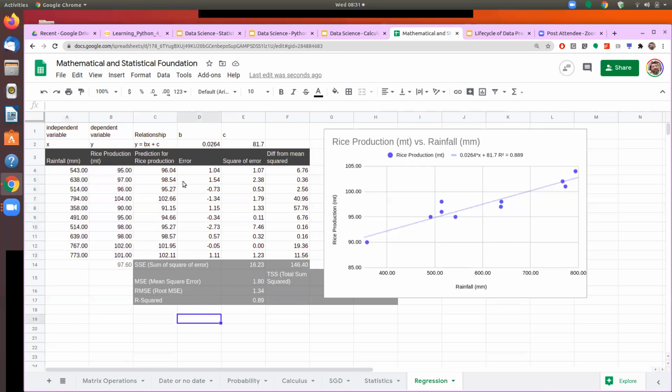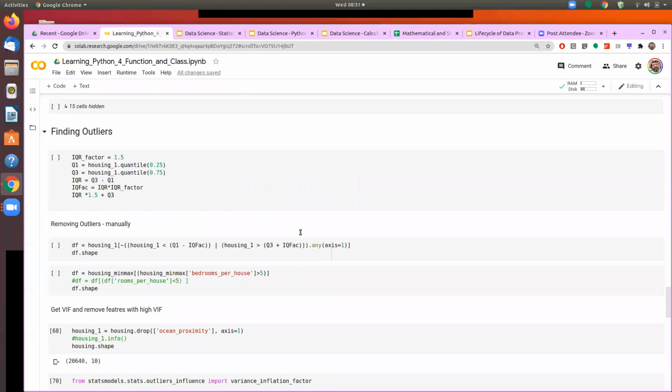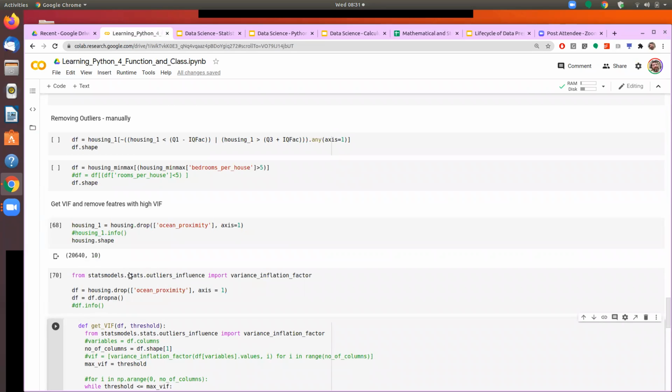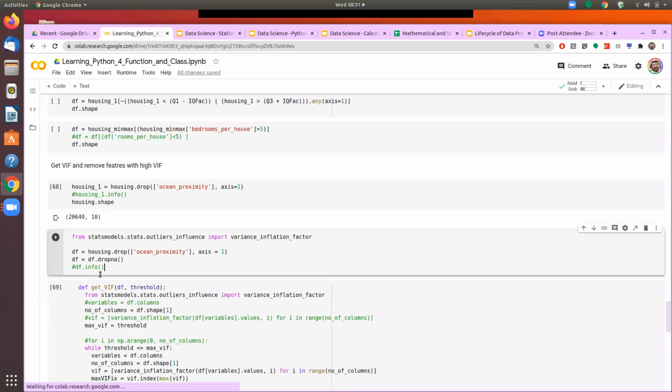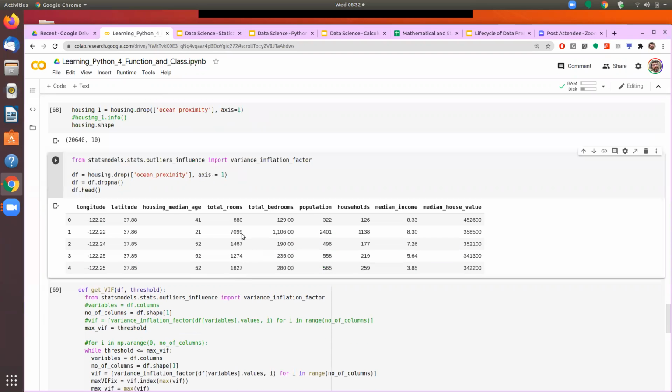Currently, we have got these 1, 2, 3, 4, 5, 6, 7, 8, 9 features.